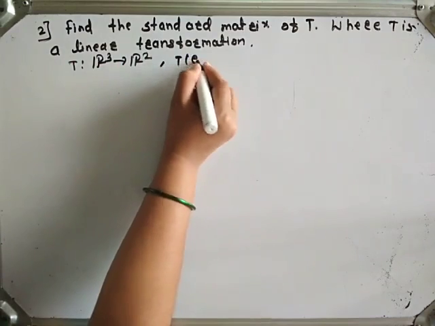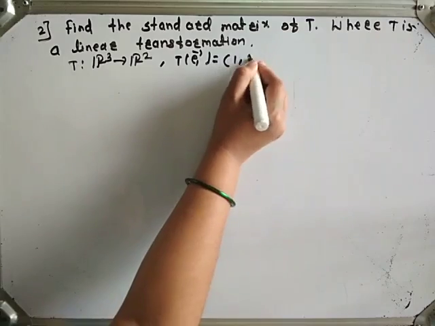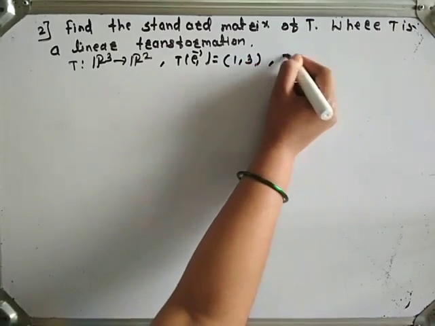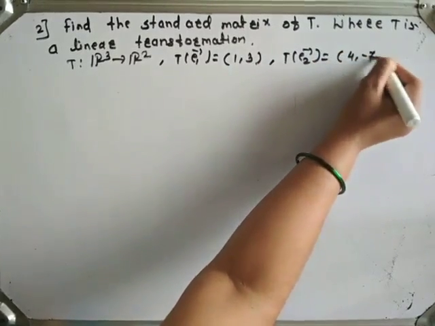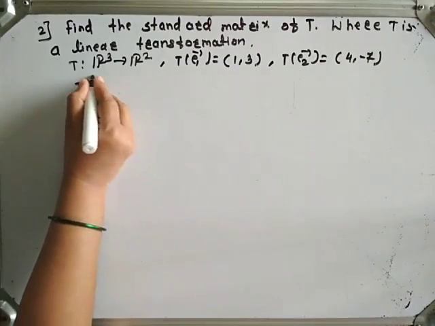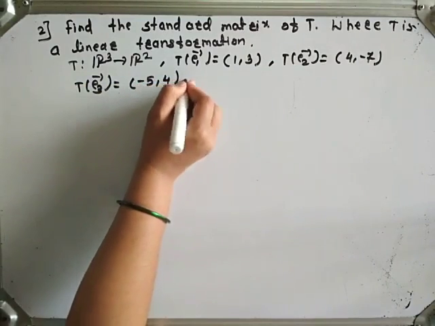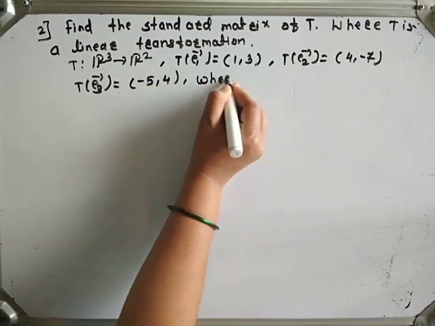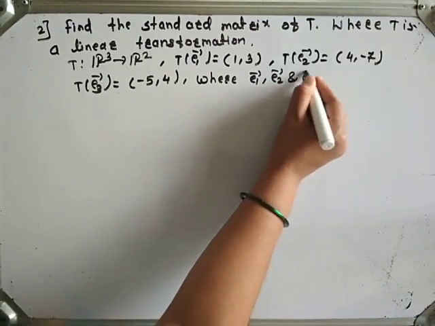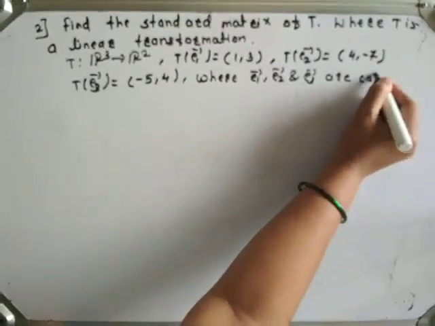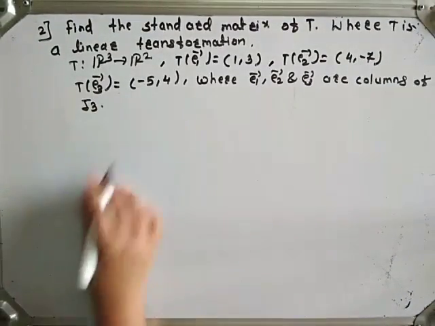T of E1 bar is equal to vector 1 3, T of E2 bar is equal to vector 4 minus 7, T of E3 bar is equal to vector minus 5 comma 4, where E1 bar, E2 bar and E3 bar are columns of I3. Okay.